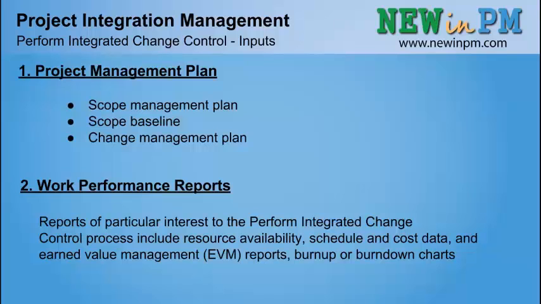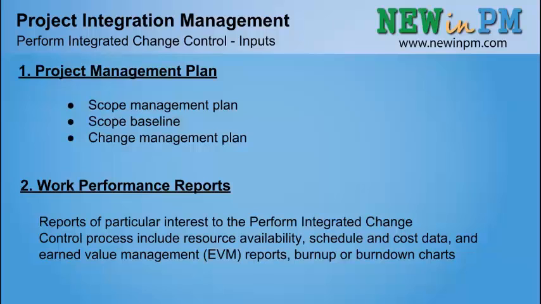The second input that we are going to discuss is the work performance reports. The work performance reports of particular interest to the perform integrated change control process include resource availability, schedule and cost data, and earned value management reports, burn up or burn down charts.